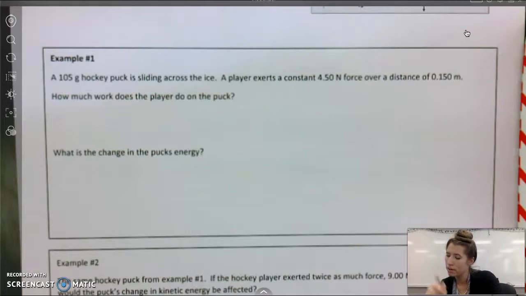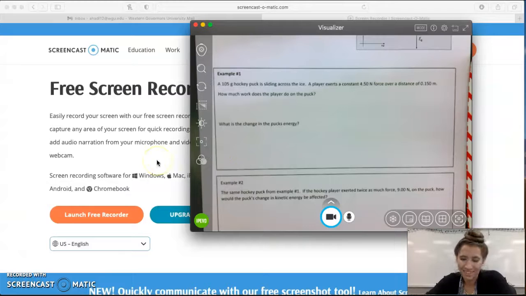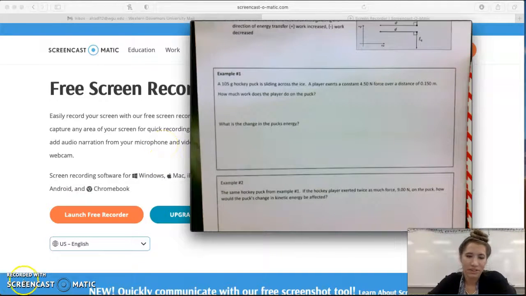A player exerts a constant 4.5 Newton force over a distance of 0.15 meters. How much work does the player do on the puck? What is the change in the puck's energy? Okay, give that a go, and then join me on the next video. Let's see if we got that done correctly.